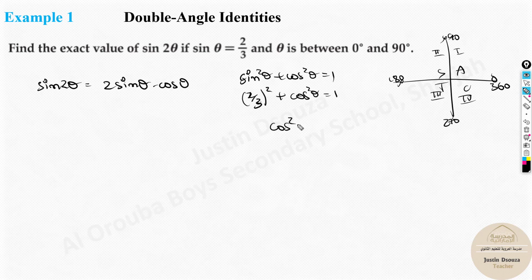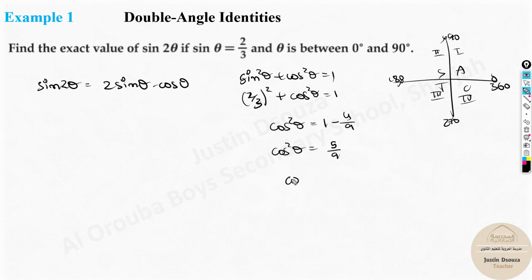Now I need to solve for cos square theta, which is equal to 1 minus 4 by 9. So cos square theta equals one whole minus 4 ninths, and that is 9 minus 4, so 5 ninths.